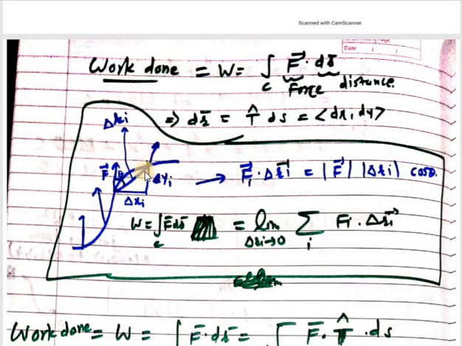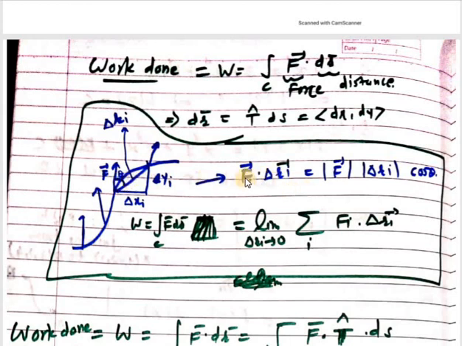According to Pythagoras, this is the hypotenuse, which I call delta ri. Here we want to find this length. This hypotenuse is a vector, and again this is the vector field F. So the angle between these two vectors we can determine.